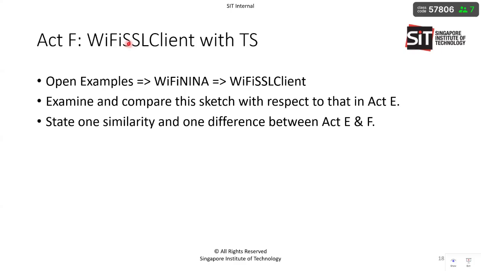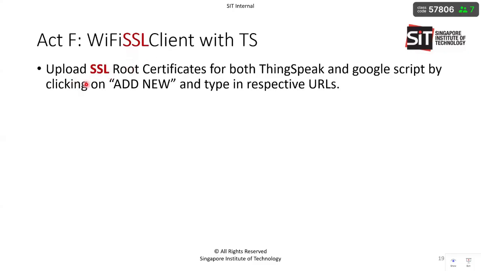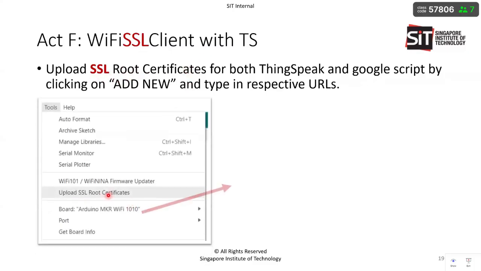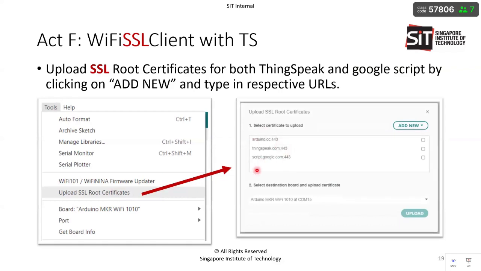Before you talk to Google server, I would like you to try and connect to ThingSpeak using a secure connection. In this example, there are a couple of new things for you to look into. How do you upload root certificates? How do you go about including some of the servers' certificates?